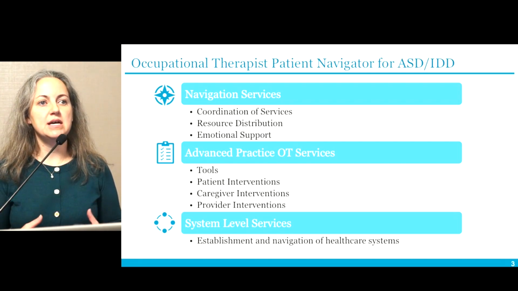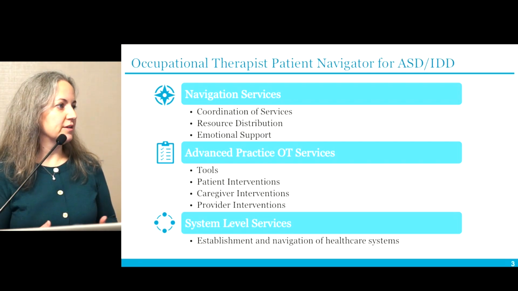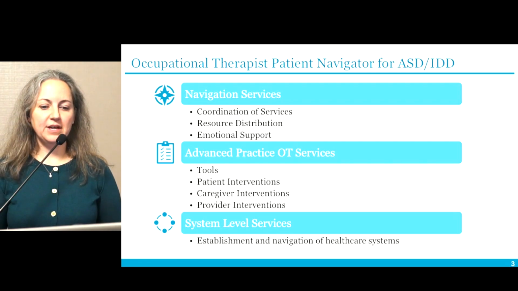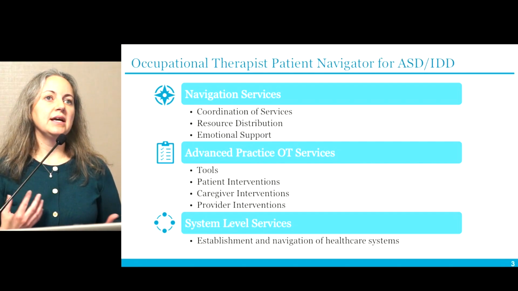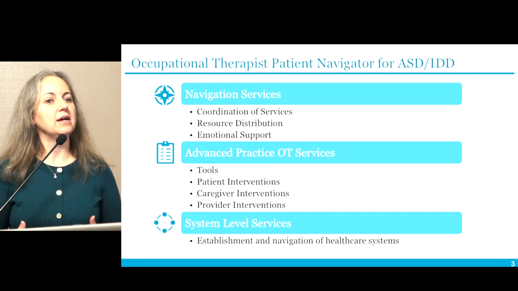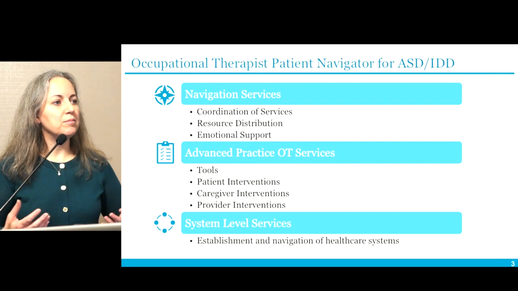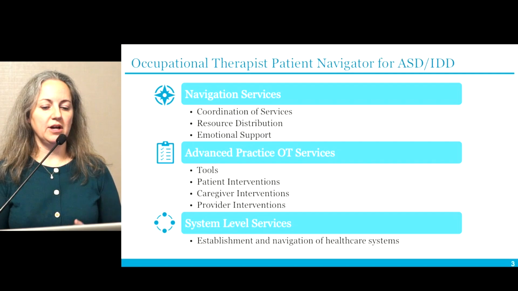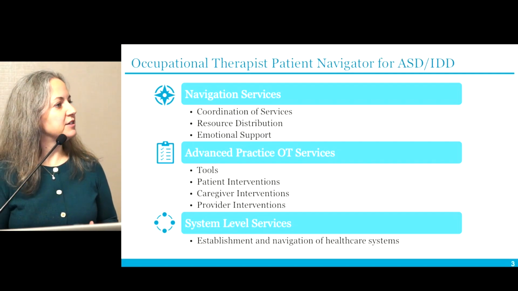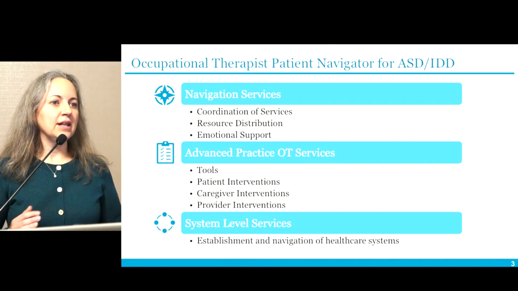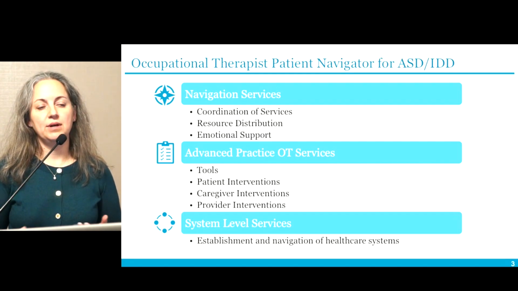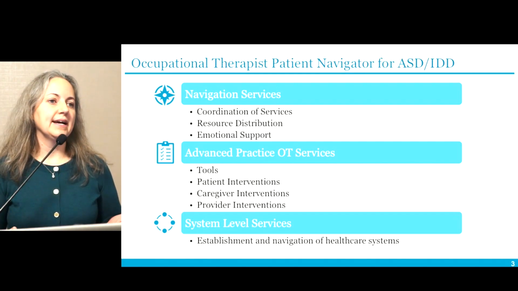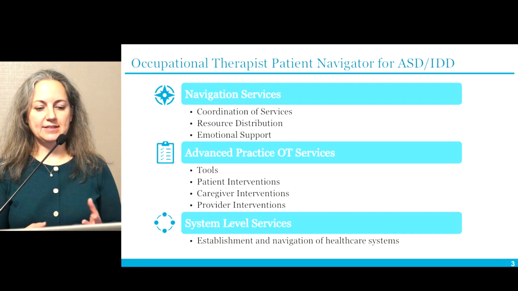So that might be creating visual supports, putting together plans of care, helping caregivers think about how they can best support the person within what we need to accomplish for the patient at the hospital, and then also supporting providers, whether it be general education to provider departments or providing education on specific situations.